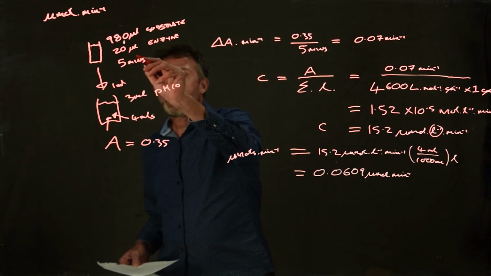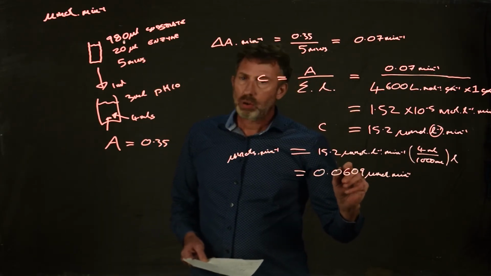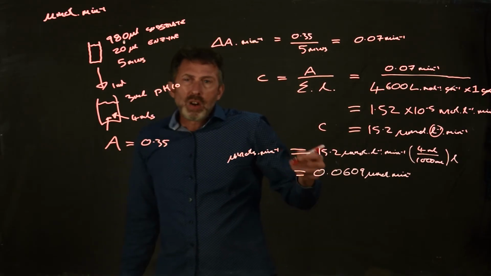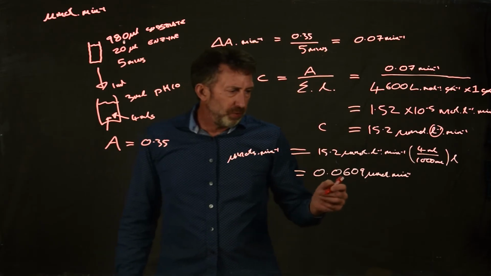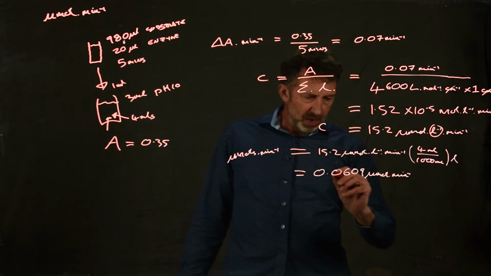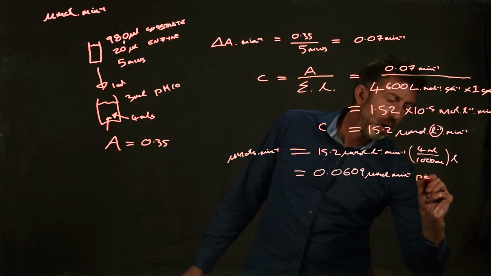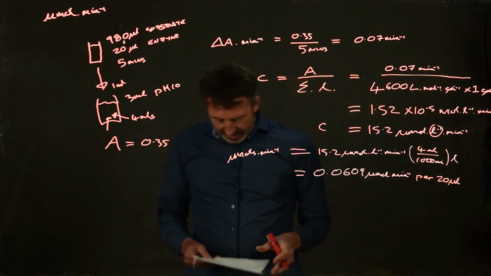That was 20 microliters of enzyme. So that's not a terribly useful amount. That's not an amount we'd normally think about. Normally we'd think about mils of enzyme might be a more useful figure to put that into. So there was 0.0609 micromoles per minute per 20 microliters of enzyme.